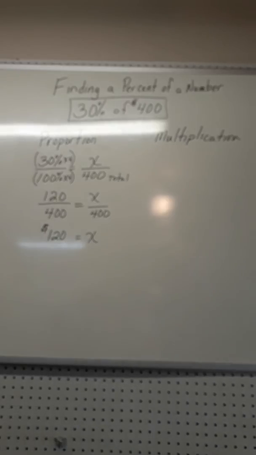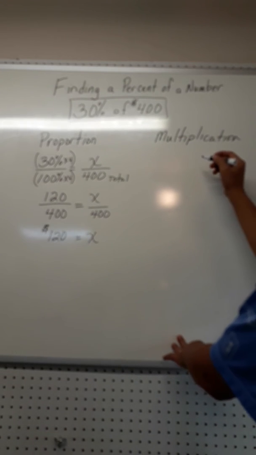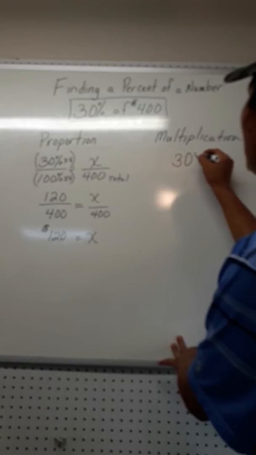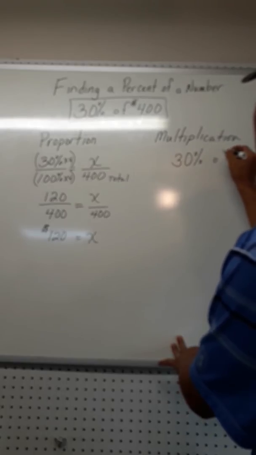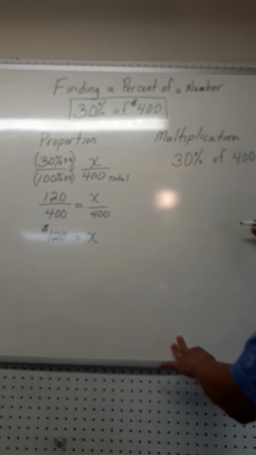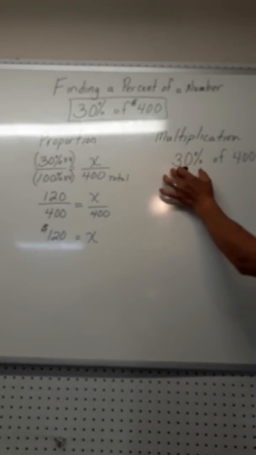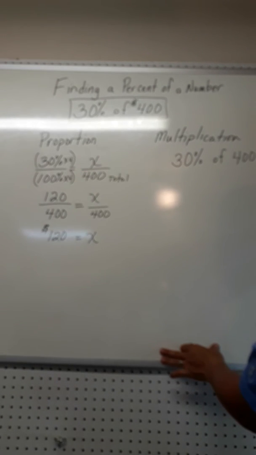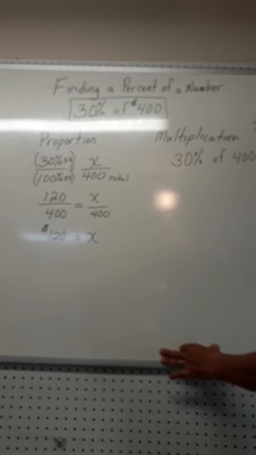Additionally, I can show you the multiplication method. So I'm just going to write this as a sentence. This is 30% of 400. Well, we know that this 30% is going to be over 100, so it's just like saying 30 over 100. Well, what place value am I really saying? 30 hundredths.